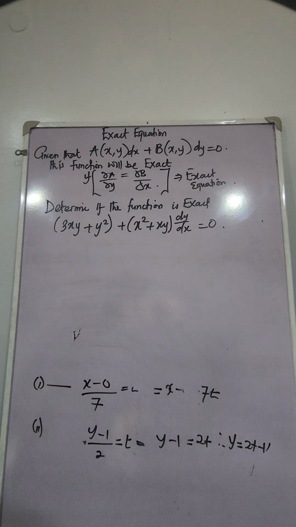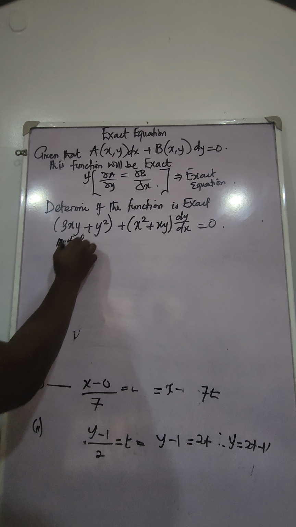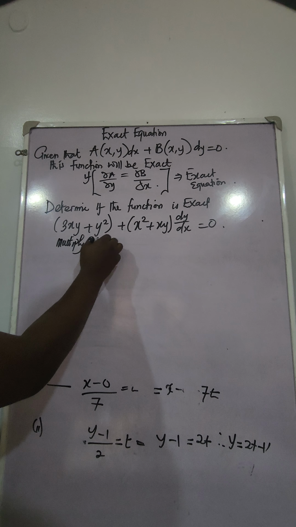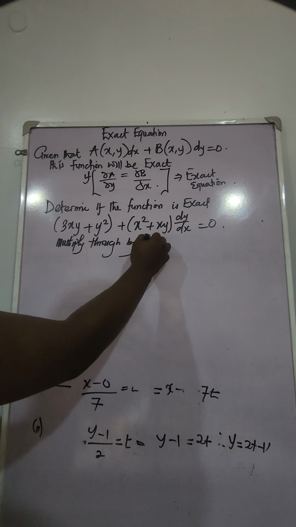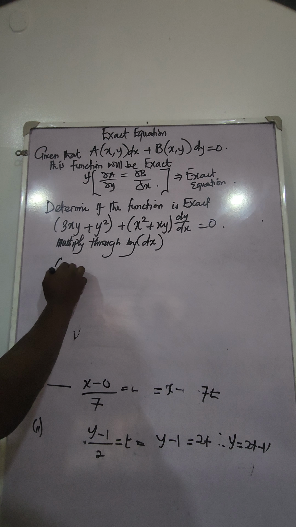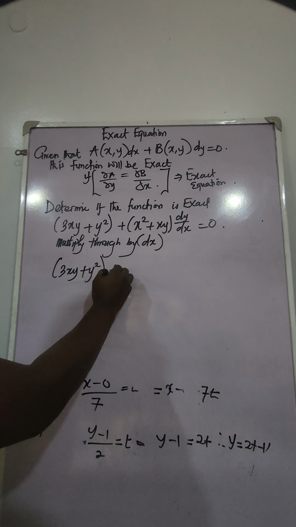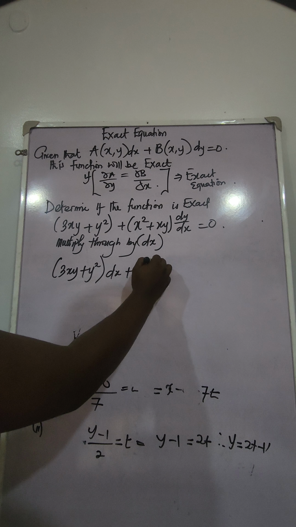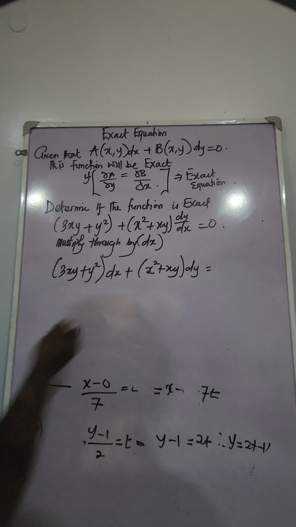So let's multiply through by dx, so that we'll eliminate this. So we have (3xy plus y squared) dx plus (x squared plus xy) dy is equal to 0.